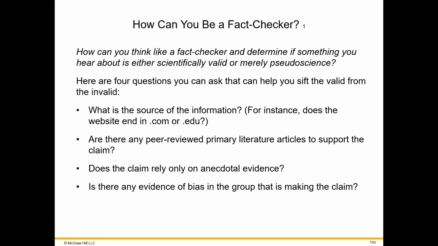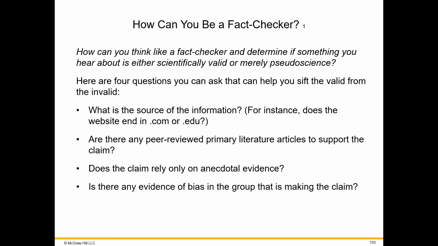Does it come from a .com or a .edu? .edu usually signals academic institutions, post-secondary institutions, universities, etc. But also be careful because even a .edu could be funded by a .com. What do I mean by that? An academic institution may be receiving funding dollars from a company, from a religious organization, etc., and because of that, their source of information may be biased.